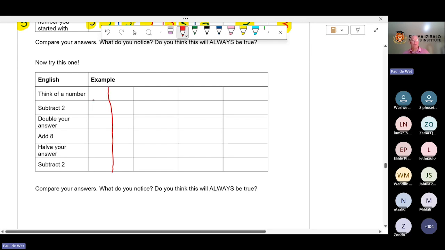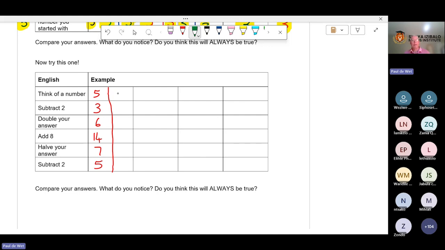You do your own example. Okay, I've messed that up completely. I want you to see if you can notice with your own examples and my examples.